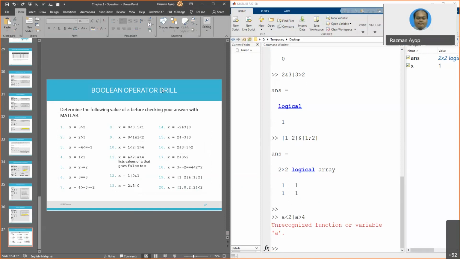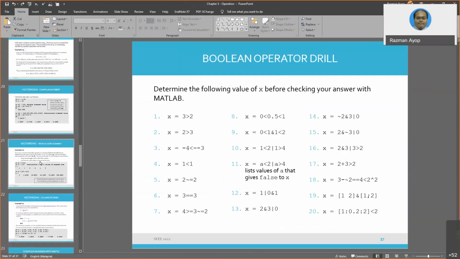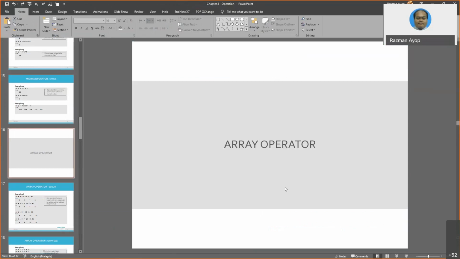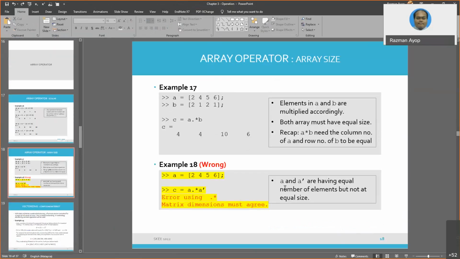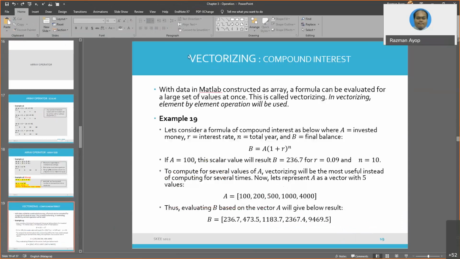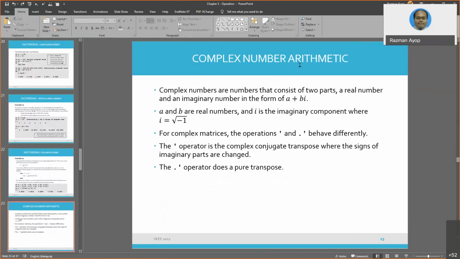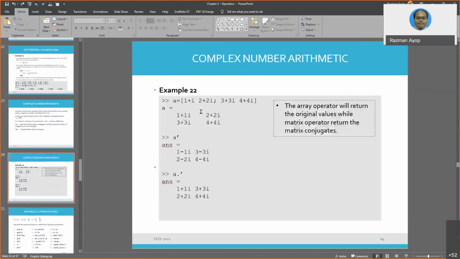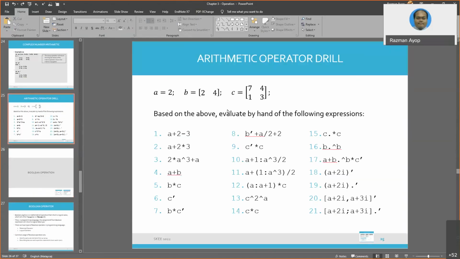Okay, I think that's it for chapter 3. For today we have learned about the array operation, the scalar, the array size, the vectorizing, and how to do vectorizing. We have learned about complex numbers and how to operate on them.